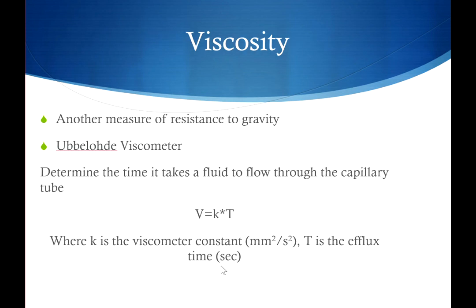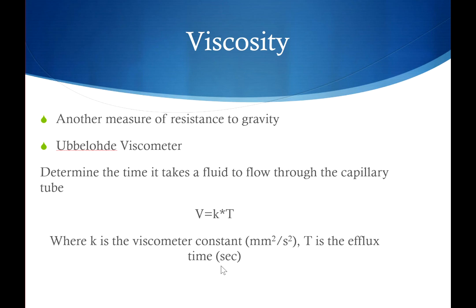So the viscosity is another measure of resistance to flow. For the viscosity in the laboratory session, we will use the Abel-Hout viscometer, and we have to determine the time it takes a fluid to flow through the capillary tube.